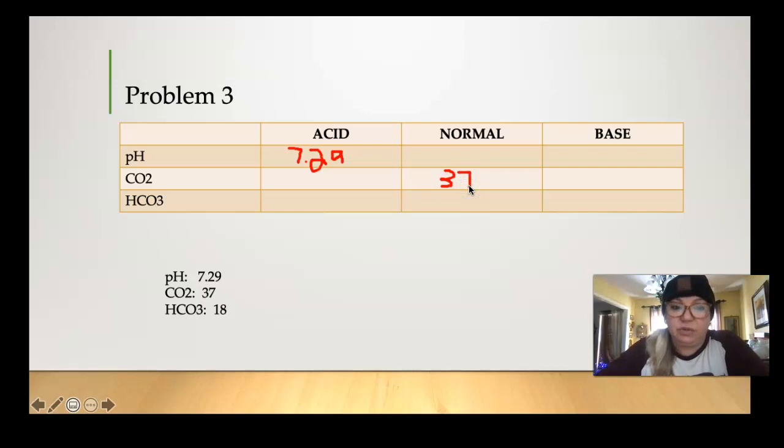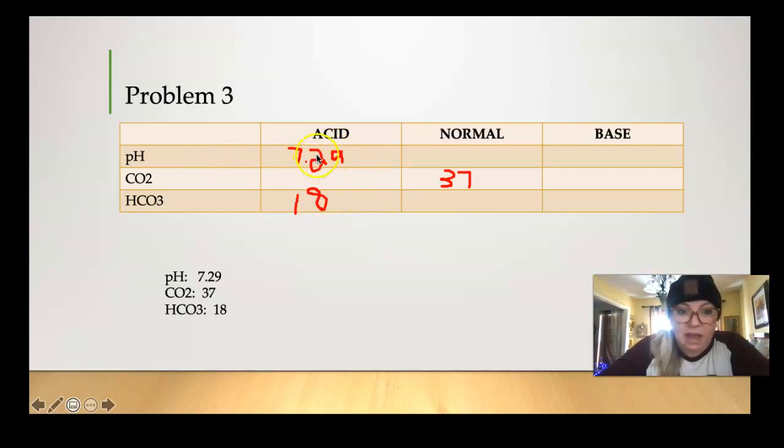And now our HCO3 is 18. Remember, our normal for bicarb is 22 to 26. So let's put our bicarb over here. We have 18. So what lines up?